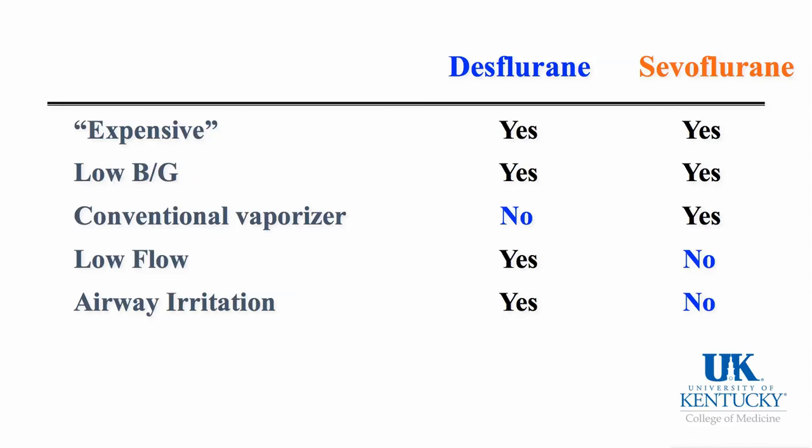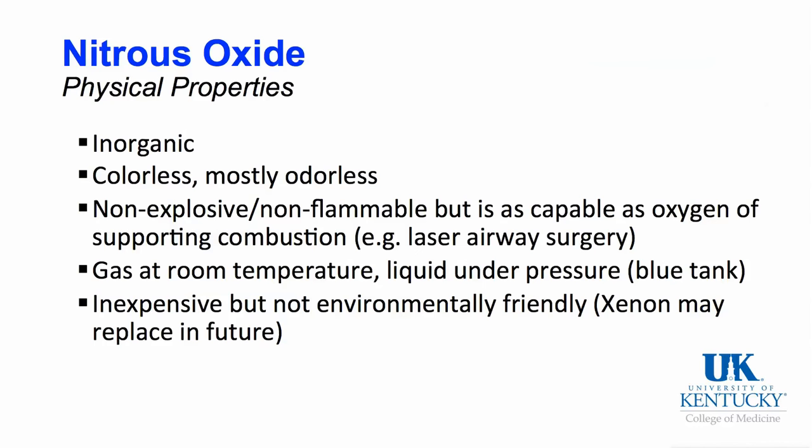With Sevo, you can't or shouldn't use low flow because of the issue of compound A and the recommendations to use higher flows. Unlike Des, where we may use half-liter flows to conserve anesthetic and to conserve heat, Sevoflurane will usually use 2-liter flows at least. Desflurane is an airway irritant. Sevoflurane is not and can be used for inhalational inductions.